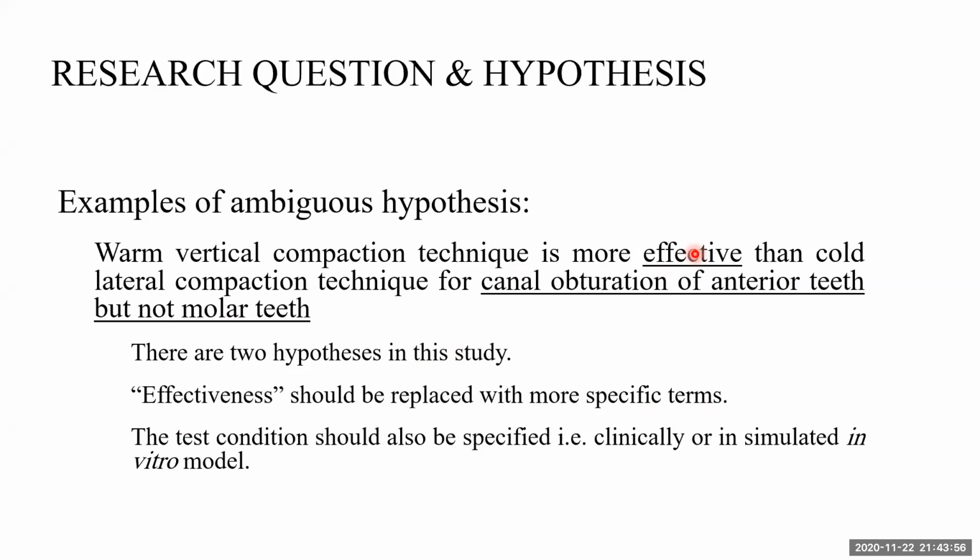How can you measure the effective term here? The test condition should also be specified, for example, clinically or in a simulated in vitro model. You don't know the situation, is it in vitro or clinical? That should be specified in the hypothesis question or research question.